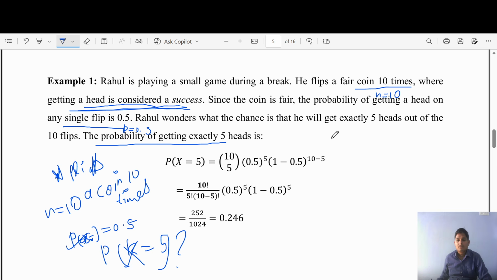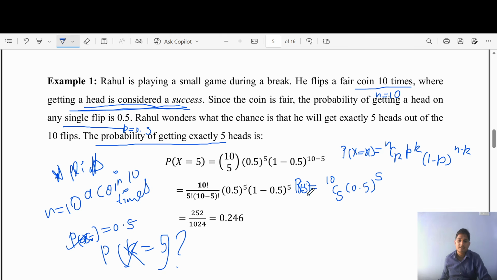So P(X = x) is the formula: NCK times P to the power K times (1 minus P) to the power N minus K. So NCK means 10C5, times 0.5 to the power 5, because we evaluate P(X = 5), and (1 minus 0.5) to the power 10 minus 5. So 10C5 means 10 factorial over 5 factorial times (10 minus 5) factorial.